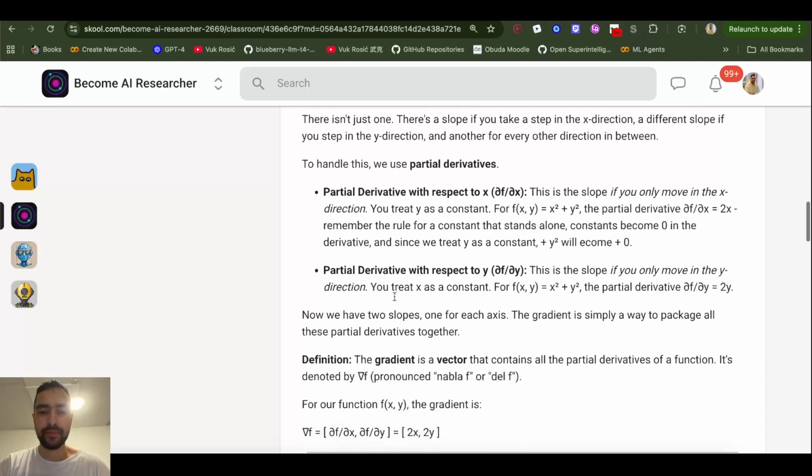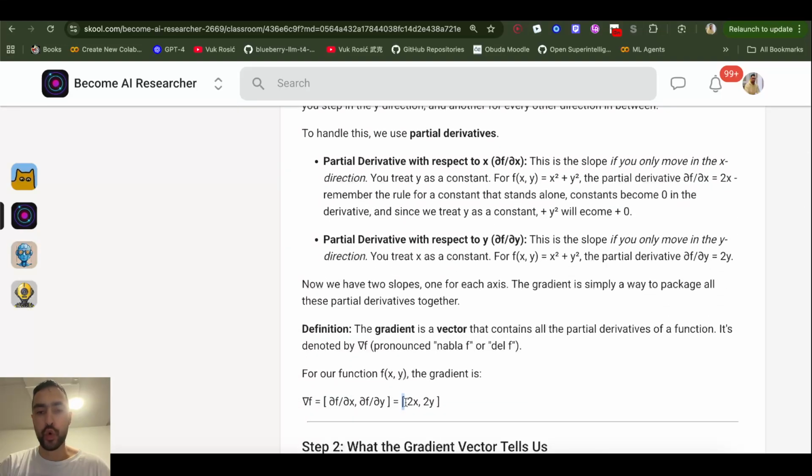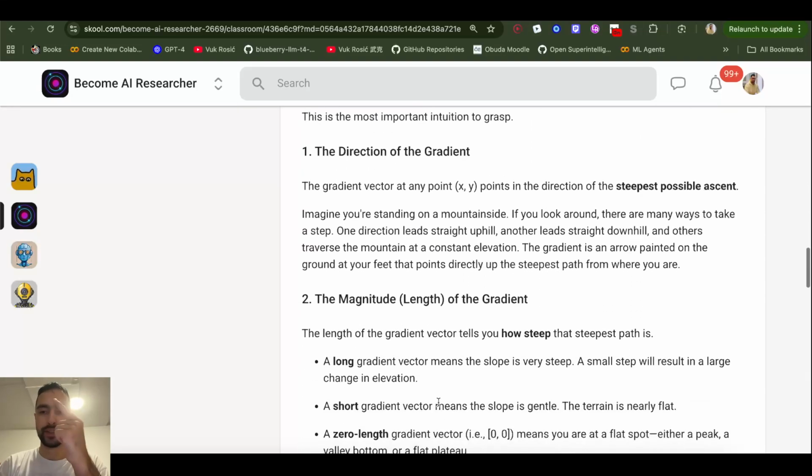With this gradient, you know where you go up the most, the steepest possible ascent. So you take the opposite direction. That's why you'll see a negative minus sign later. You subtract this vector to move in the opposite direction.